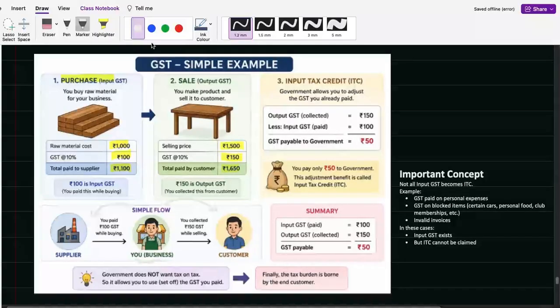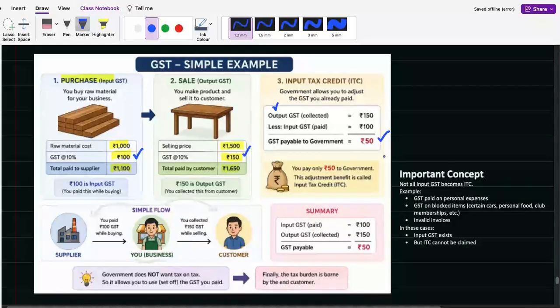Now, the input tax credit. What does input tax credit mean? Your output GST, what he is receiving from the customer, that is 150, minus the input GST, what he has already paid to the supplier, that is 100. If I subtract both, I get the GST payable to the government.